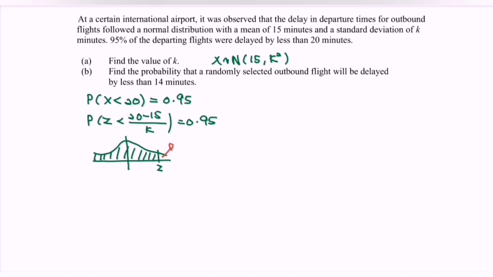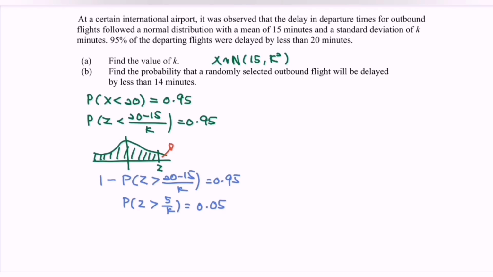So rewrite the formula. We have 1 minus the probability that Z is greater than (20 minus 15) over k equals 0.95. At the same time, simplify the situation. So the probability that Z is greater than 5 over k equals 0.05.